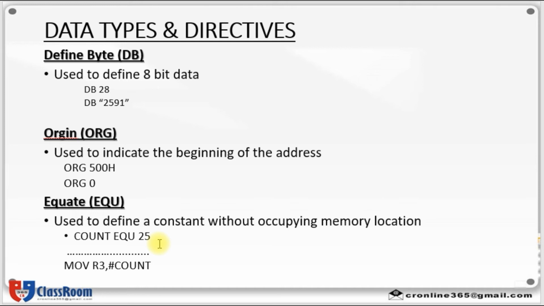The main advantage or application of this equate instruction is this: assume we use a constant in many different places in the program and we want to change its value throughout.